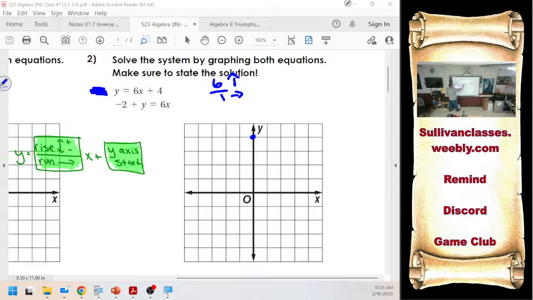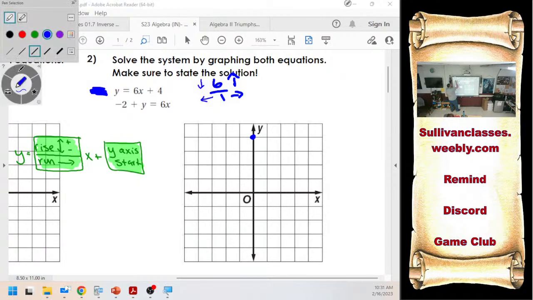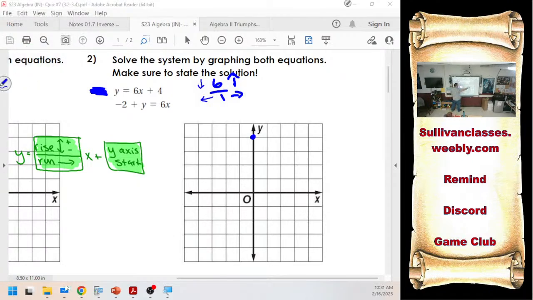Reverse the flow of down and left instead. Down 1, 2, 3, 4, 5, 6. Right 1, or left 1. 1, 3. And then remember that we can always alter these slopes if at all possible.